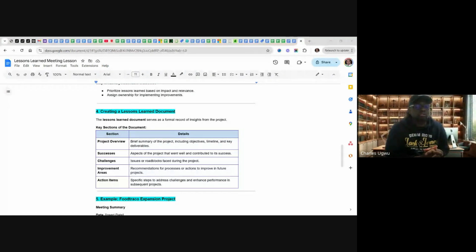So it's better to do it weekly. If you are working on a project that lasts maybe 2 years, you can say, let's do one at the end of every month, and just come together to look at what is going on. So it depends on the project duration.